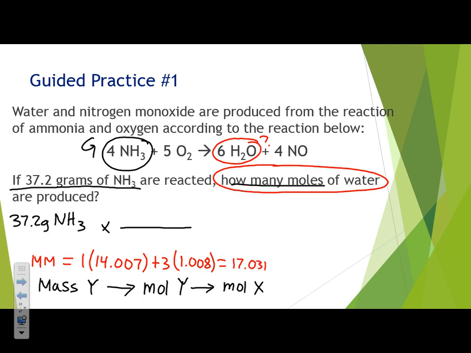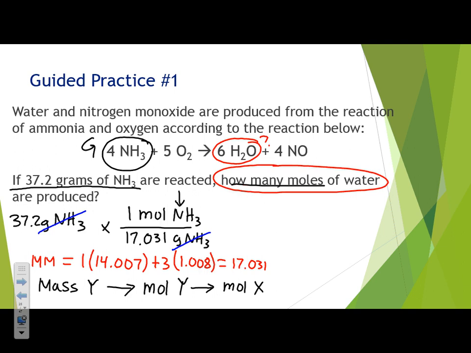So here in our problem, we write 17.031 grams of NH3. Now, since that is a molar mass, this is for 1 mole of NH3. Now, if we cancel grams of NH3 on the top, grams of NH3 on the bottom, we now have moles of NH3.